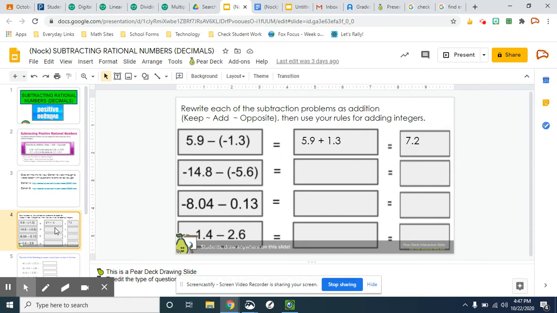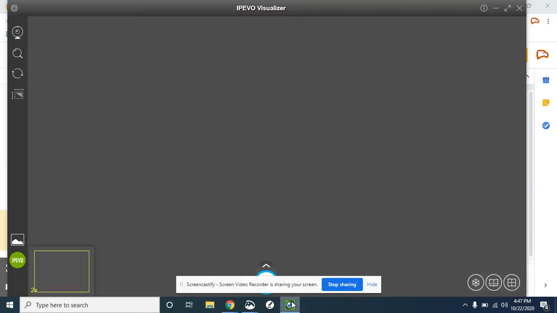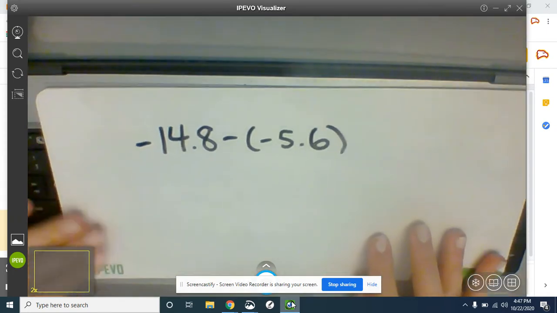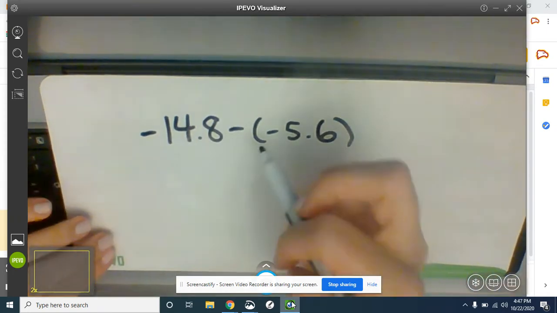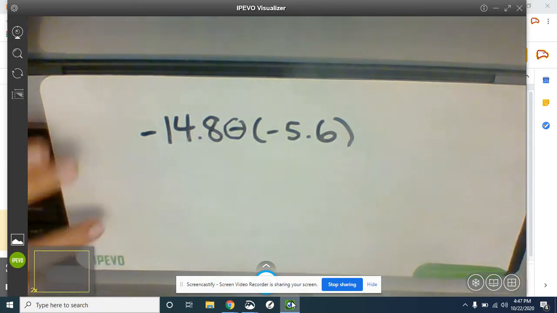Okay, so I did the first one for you on here already, but I'm going to walk through each of the other ones. We have negative 14.8 minus a negative 5.6. All right, so like I said previously, circle that subtraction sign, it really helps.